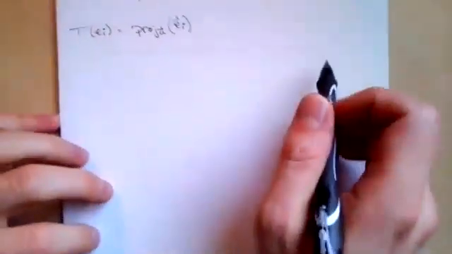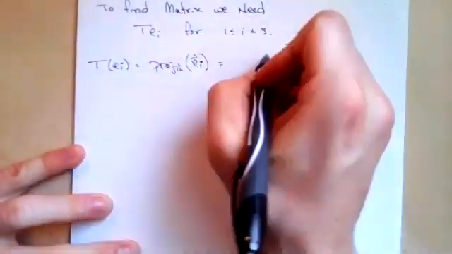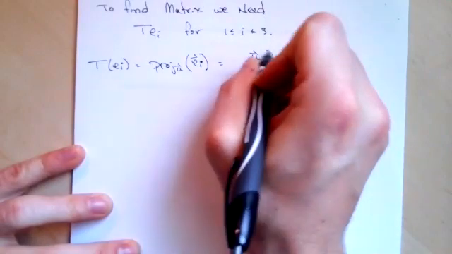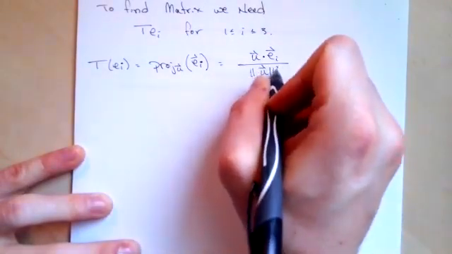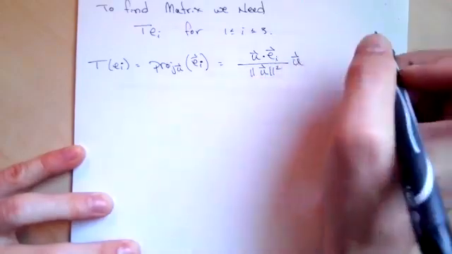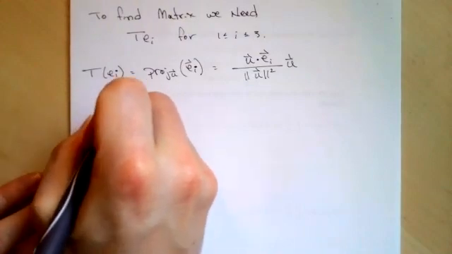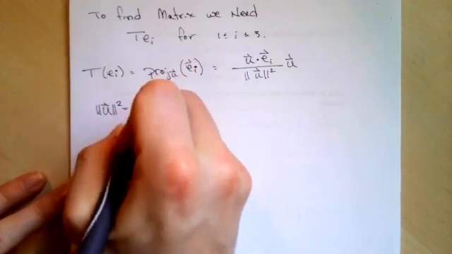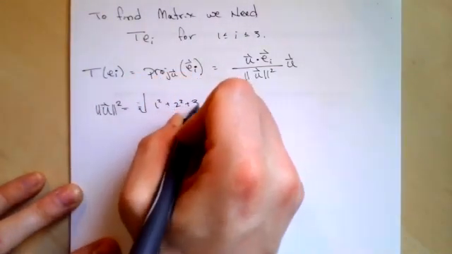Especially since we're computing the projection, let's go ahead and compute some of these pieces. If we write it out, this is going to be U dot Ei over norm U squared, in the direction of U. So let's compute the norm squared of U. U is (1, 2, 3), so 1 squared plus 2 squared plus 3 squared.